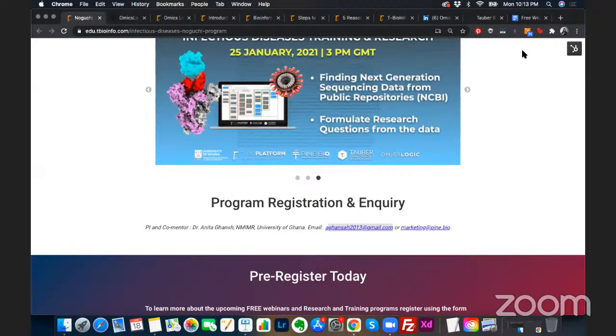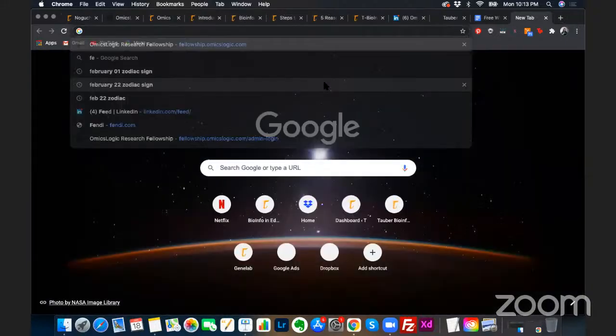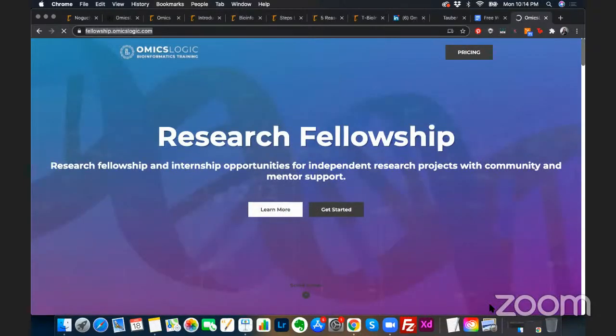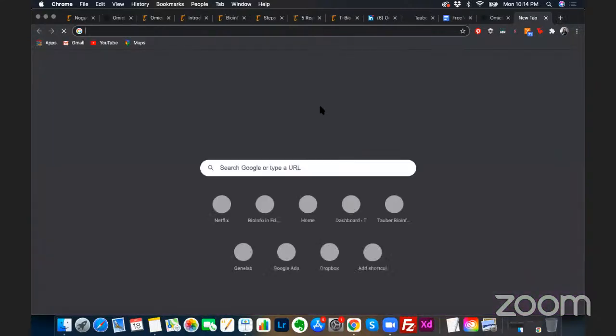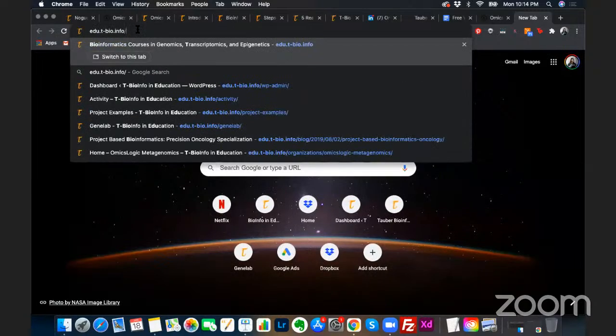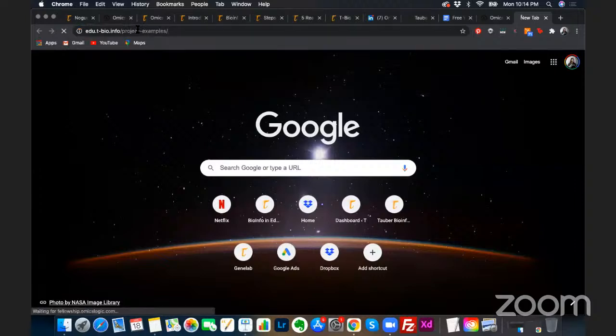And still, I would like to take everyone one more time and show how you can register for the program, which is the Research Fellowship program, which we have. As part of the Research Fellowship program, what we do is go through projects like you are seeing right now, and we have been taking some examples.